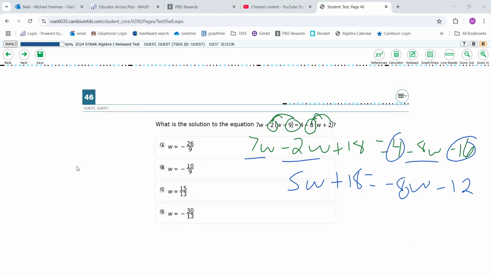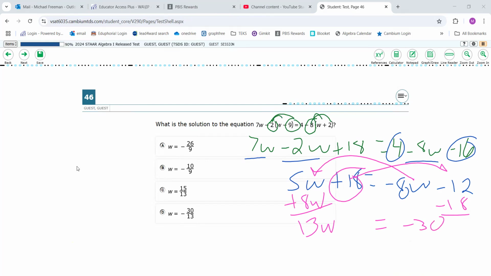So now we've simplified both sides. Now I've got to get my letters to the left. If it's minus 8w over here, it's going to be plus 8w, and I get 13w. And I've got to get all my numbers to the right. If it's plus 18 over here, I've got to subtract 18, so it's minus 18. So that's negative 30.